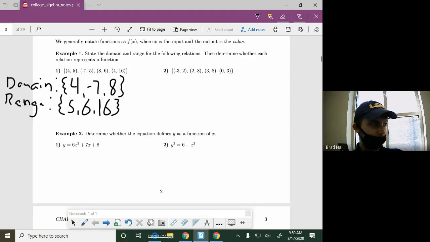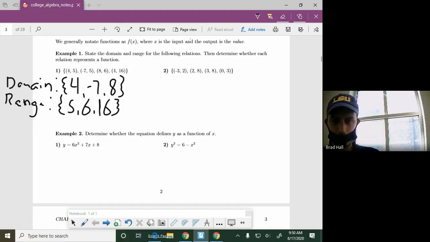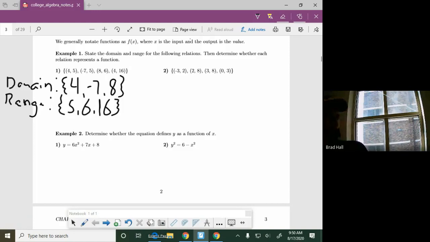Now we ask, is this a function? Well, let's think back to that example we had. So if you thought about each one of these x values as being an input or amount of seconds, it can only correspond to one output, or say miles per hour.